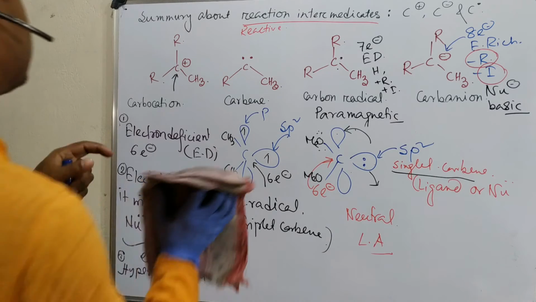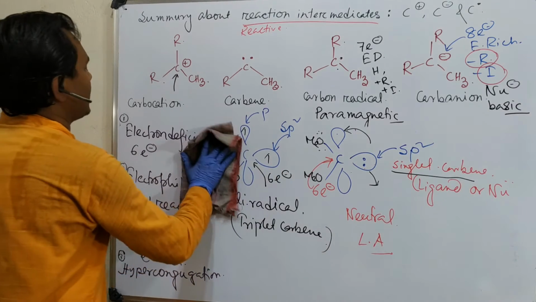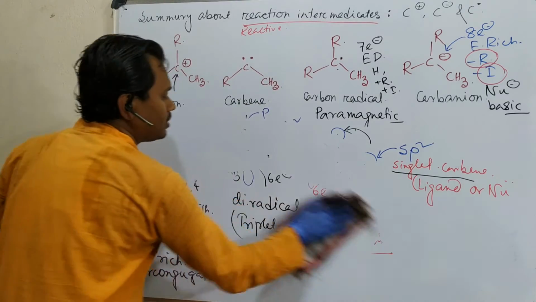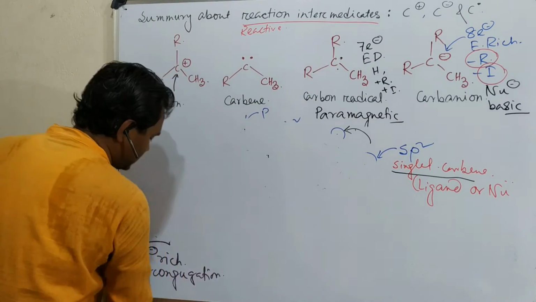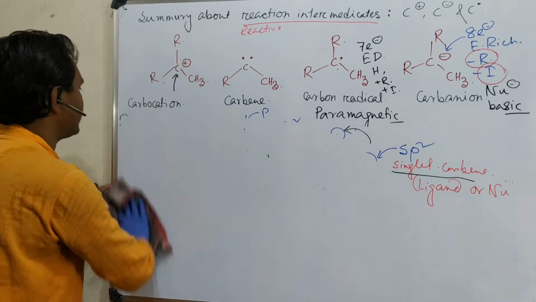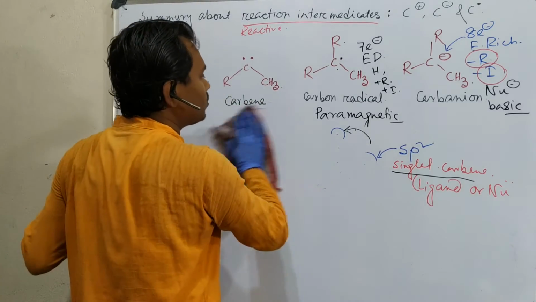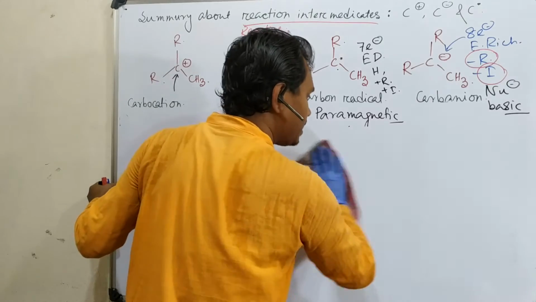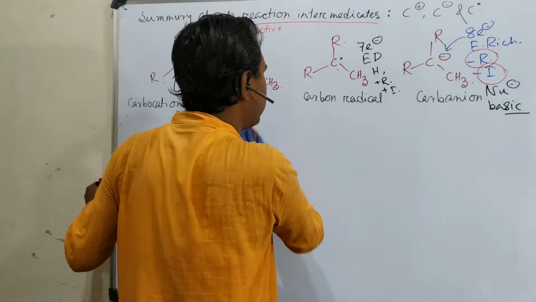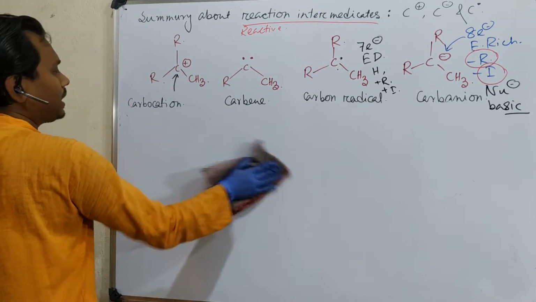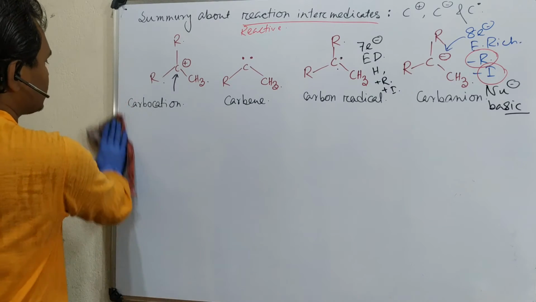Now let's discuss a little bit about their reactions, mainly about the carbocation, carbanion and radical. What type of reaction do they usually do and why? For the carbocation, there are two types of reaction possible.